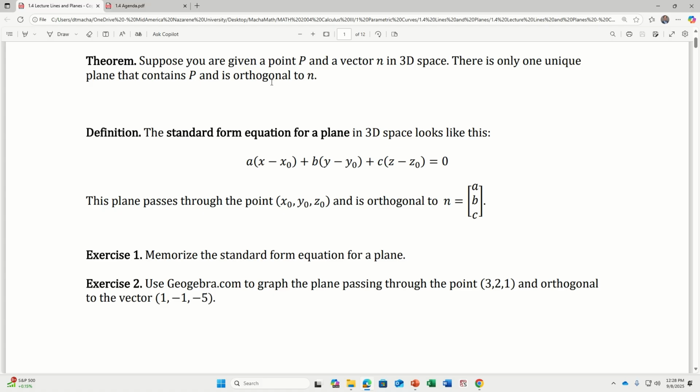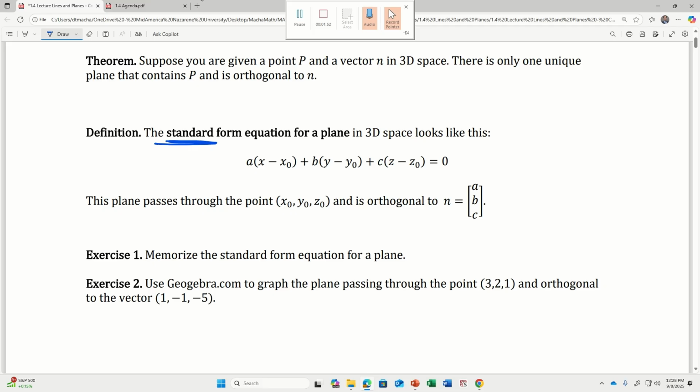The standard form equation for a plane, and you should know the difference between standard form and general form. I'll tell you about general form in a minute. But the standard form is this. It's an equation where I have a times x minus x naught plus b times y minus y naught plus c times z minus z naught equals 0. A, b, and c are constants.